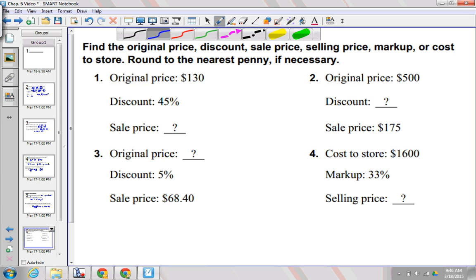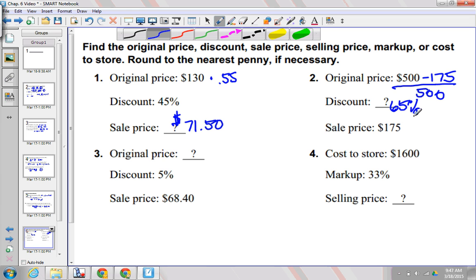Okay. All right, so in these problems, we have to solve for various amounts. For number 1, we can multiply 130 by 0.55 to get to our answer of $71.50. For number 2, we have to find the difference in the amounts and divide by the original, and that would be 65%.